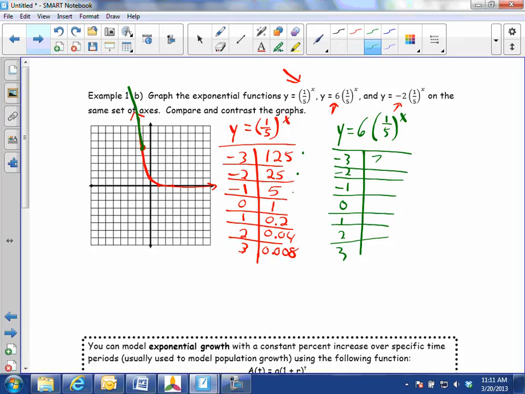So this one's going to stretch it really far vertically, because if I multiply by 6, I get an even bigger number. If we're multiplying, say y equals 1/2 times 1/5 to the x, would that squish it? 1/2 would squish it, yeah, it's squishing this way. Okay? Good question.